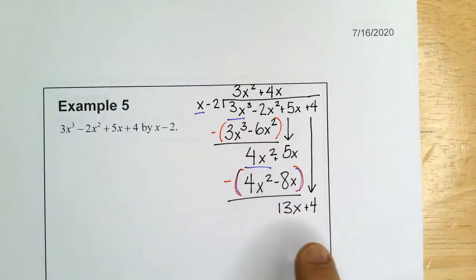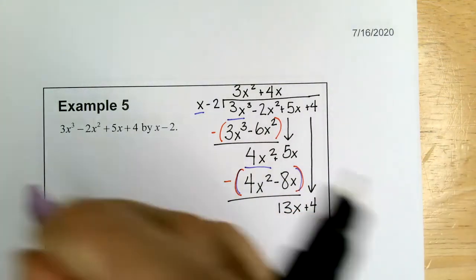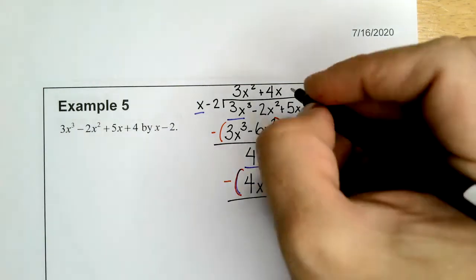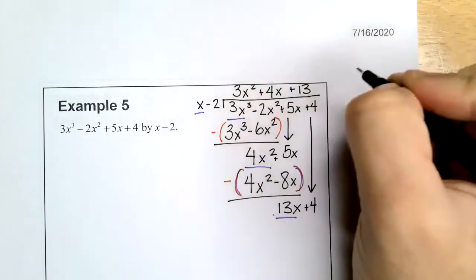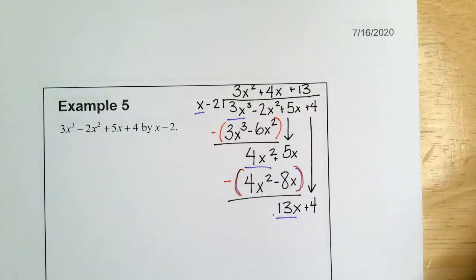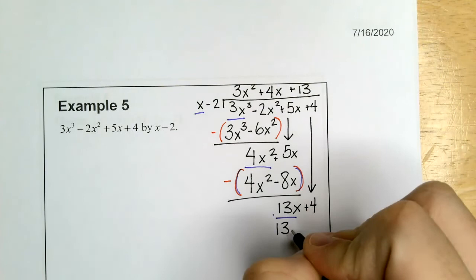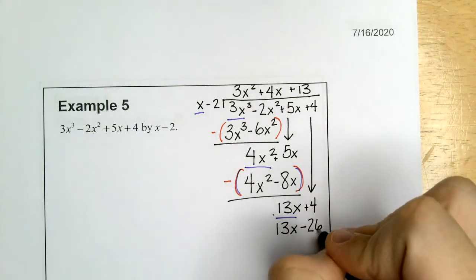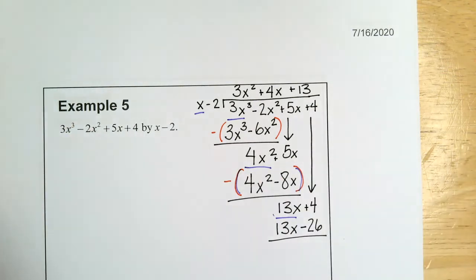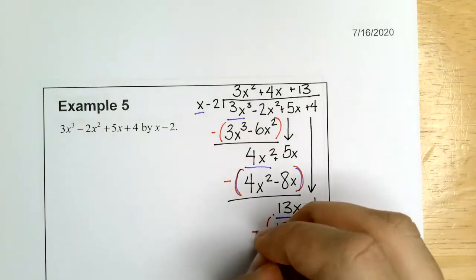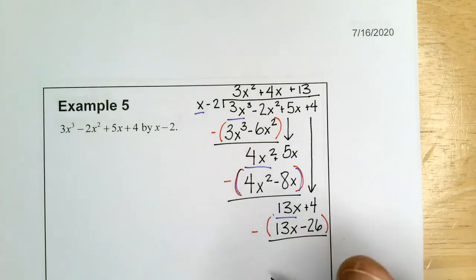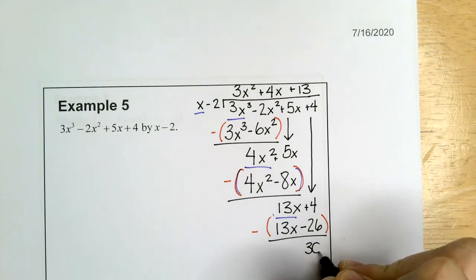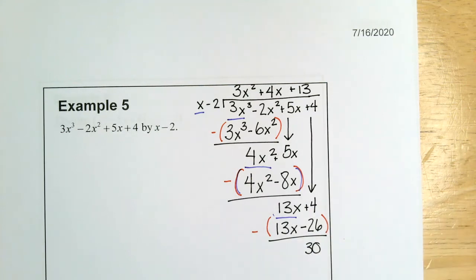Positive 4. Here I have a 13x and an x, so I need to multiply the x by a positive 13. Take that 13, multiply everything by the 13. I get 13x minus 13 times 2 is 26. Subtract: 13x minus 13x cancels. 4 plus 26, so you can just take 30, and that is my remainder.